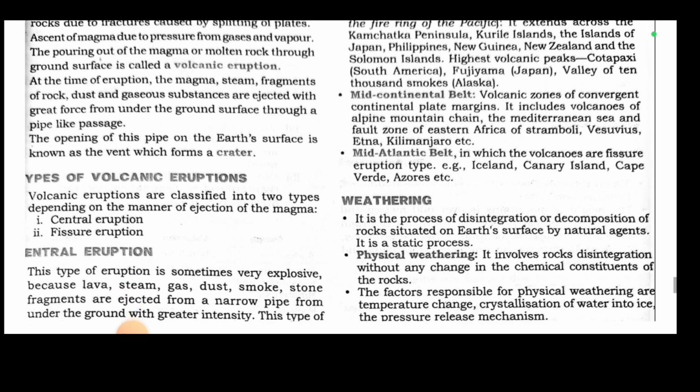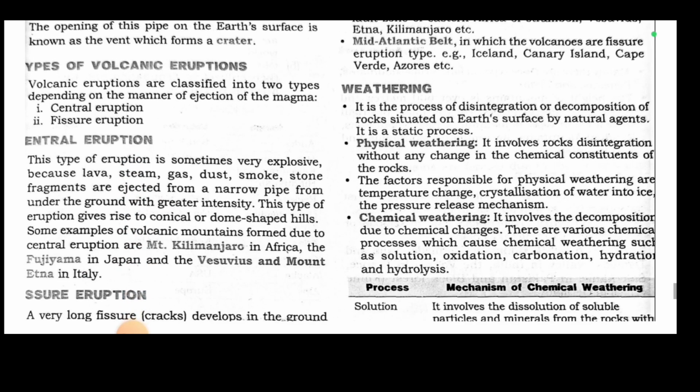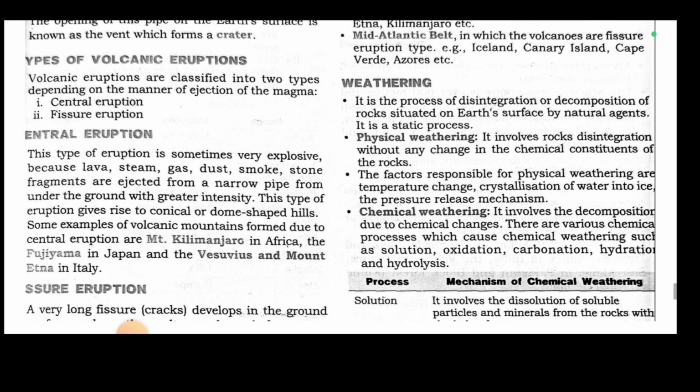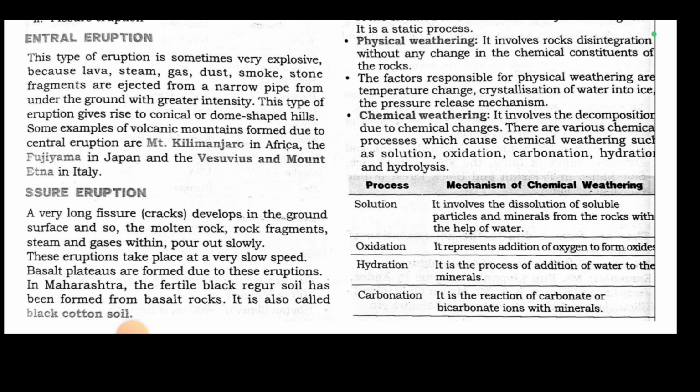Types of volcanic eruptions. Volcanic eruptions are classified into two types depending on the manner of ejection of the magma: central eruption and fissure eruption. Central eruption. This type of eruption is sometimes very explosive because lava, steam, gas, dust, smoke and stone fragments are ejected from a narrow pipe from under the ground with greater intensity.